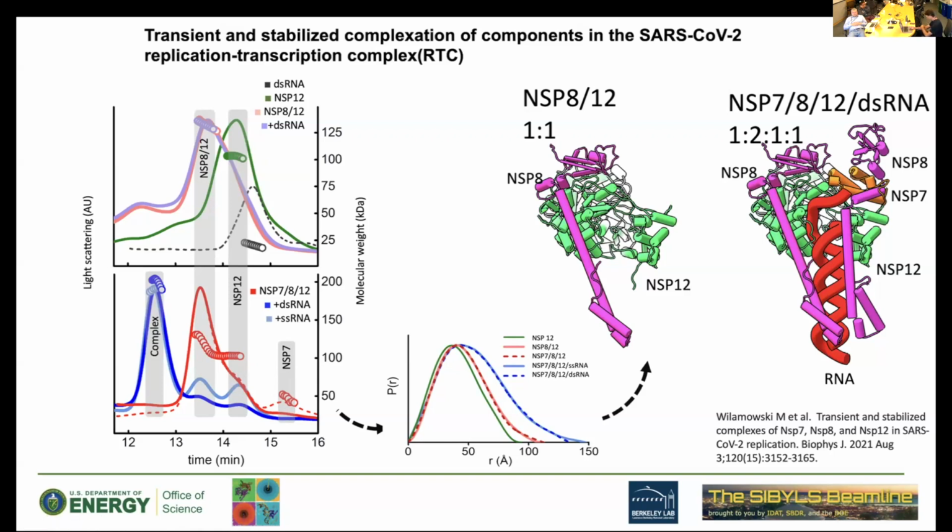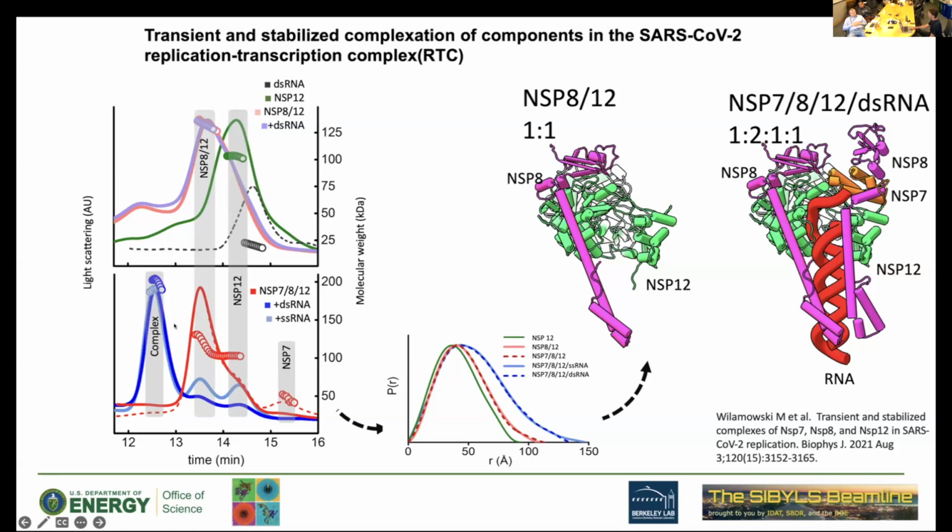polymerase, RNA polymerase. And when you have a complex, it still has this transient behavior. And so by adding the RNA, the whole complex builds together and forms this very sharp peak, whether you're using double-stranded or single-stranded RNA.